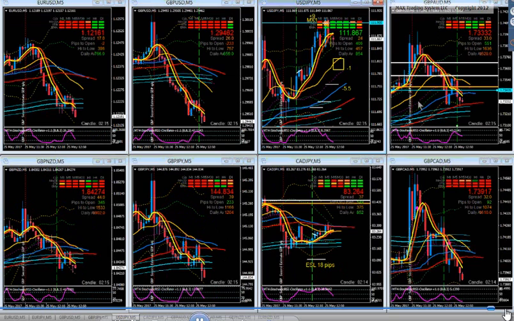Let's suppose that here, it is not the case, but just for the sake of the explanation, we have another entry setup, okay? Because this candle is a valid entry setup. And so we can consider adding to our position. However, in terms of risk management, this setup may be risky.